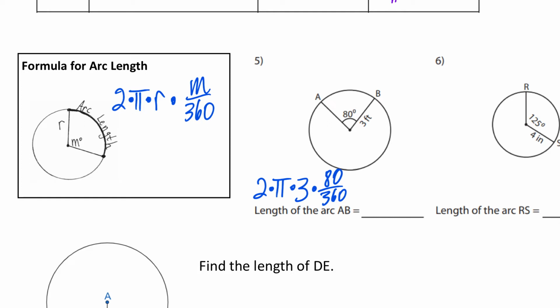And we type that in, what do you get? Get what? 4.18. Ready?